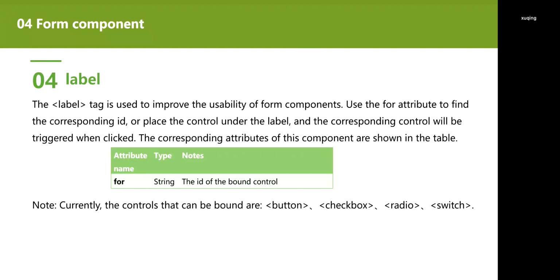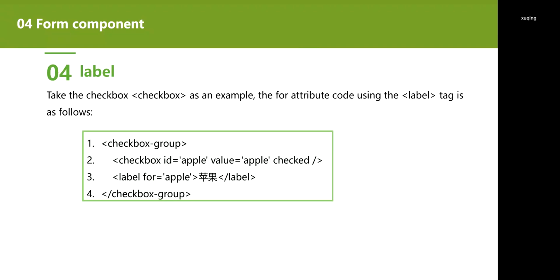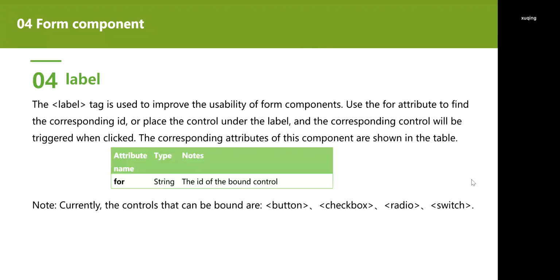You see, here we say that we have one attribute for this label component, which is to bind a control, getting the ID of the bound control. Currently, the controls that can be bound are button, checkbox, radio, switch.